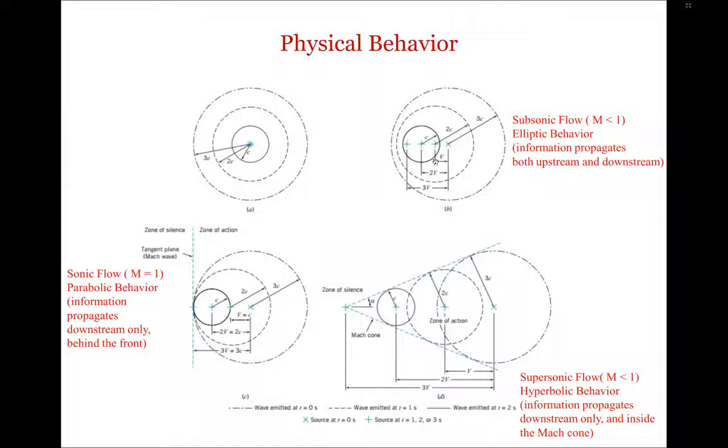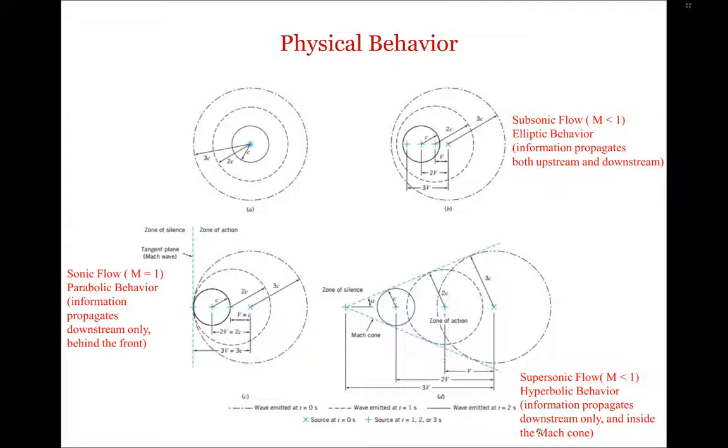But there are V, 2V, and 3V, basically the linear distance from the center point. For sonic flow, when M equals 1, the velocity equals the speed of sound, so V equals C. In case of 2V it equals 2C, and 3V equals 3C.